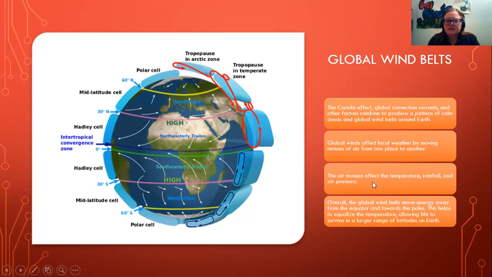The air masses affect the temperature, rainfall, and air pressure. Overall, the global wind belts move energy away from the equator and towards the poles. This helps to equalize the temperature, allowing life to survive in a larger range of latitudes on Earth.